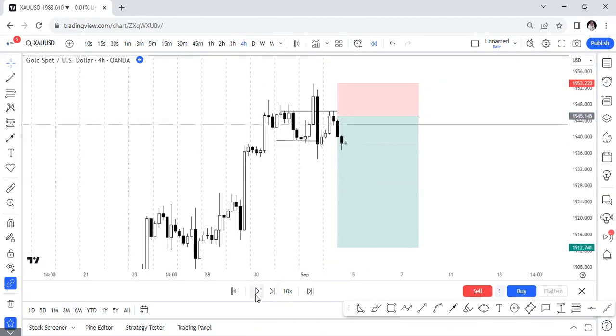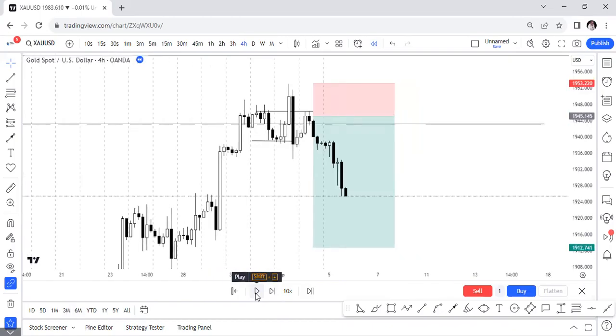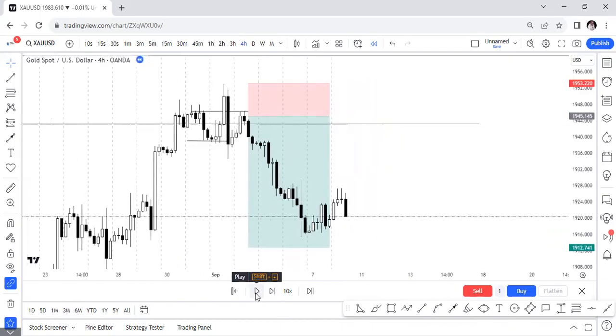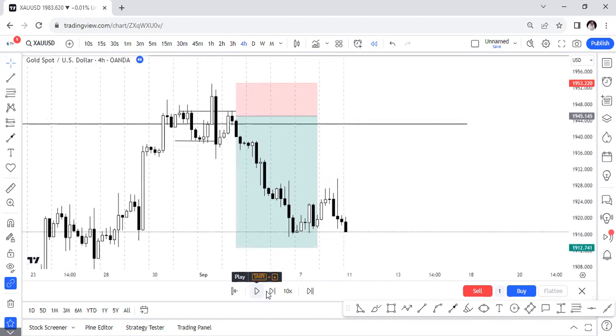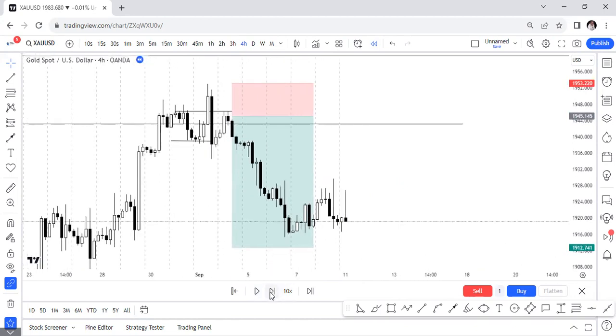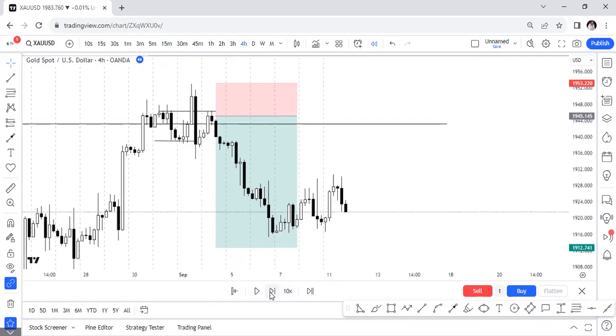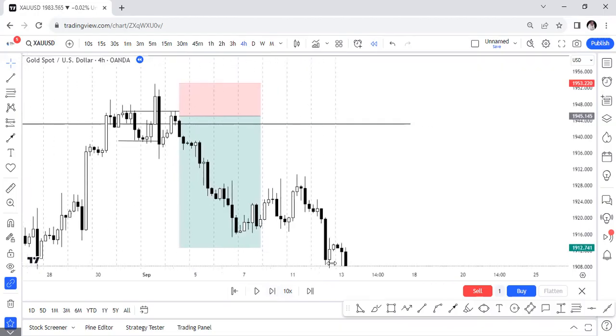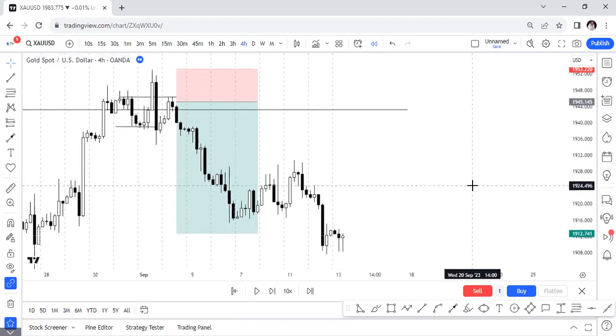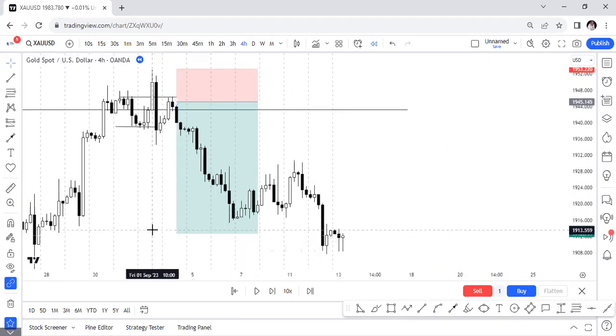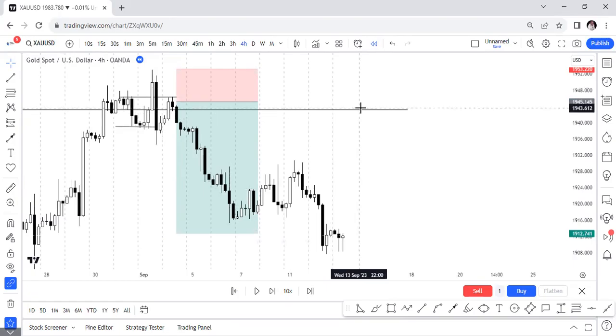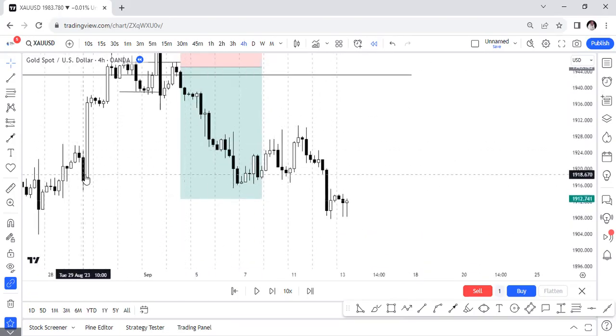Price moves to hit your target, and mind you, your 4R reward is hit there. You are still going to enter it, but it's still going to pull back to this place.